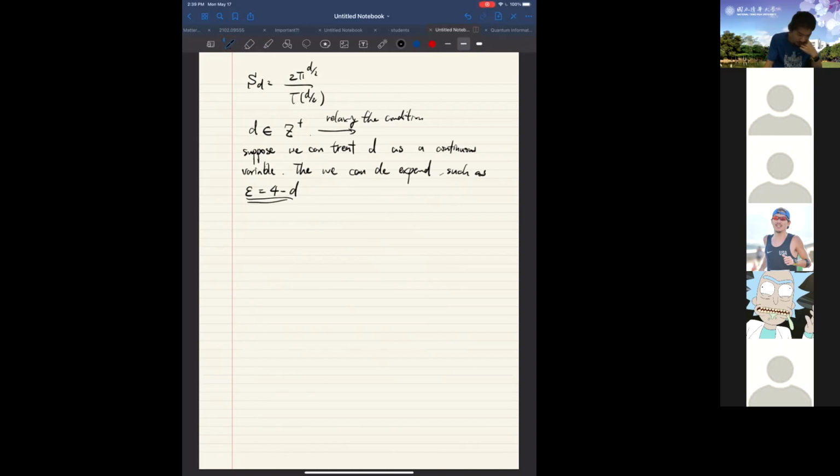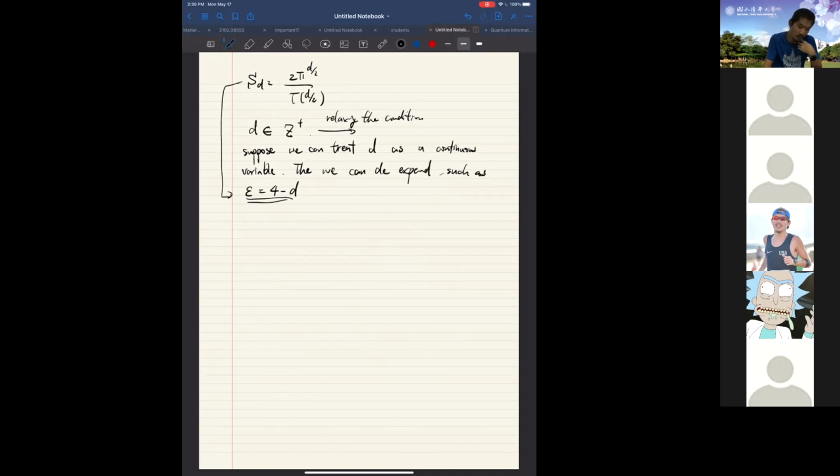If this is a function of d, and d can be a continuous variable, then in all the integrals we can treat d as continuous and do an order by order expansion, and then ask about d equals 3 dimensions, or d equals 4 dimensions, or very close to 4 dimensions.